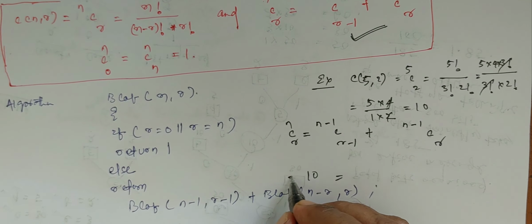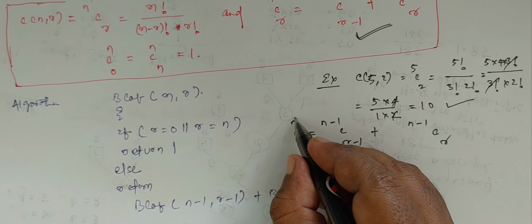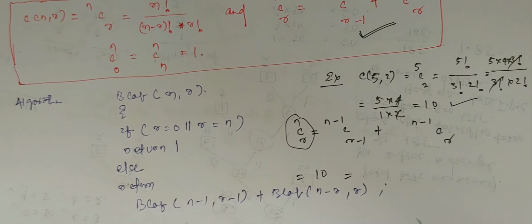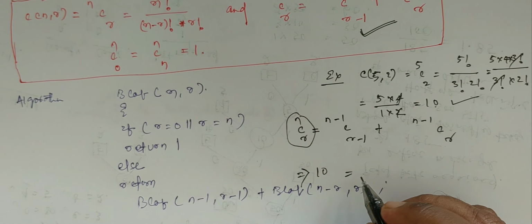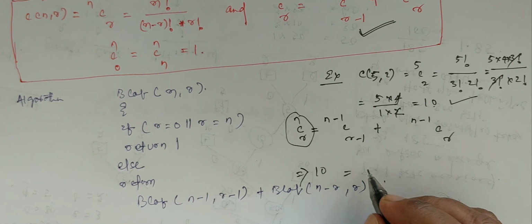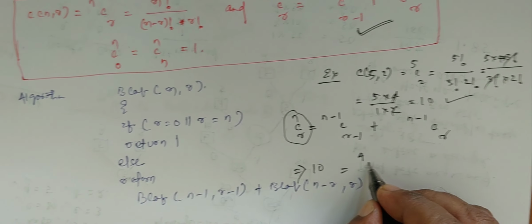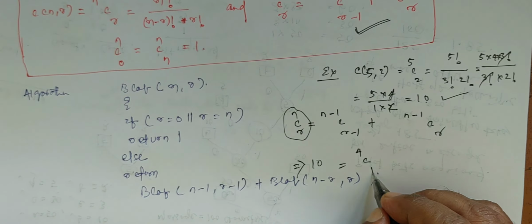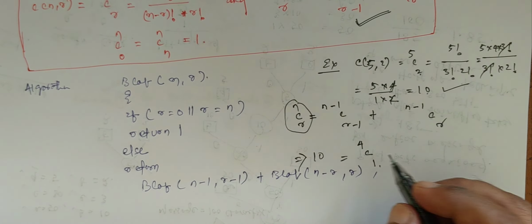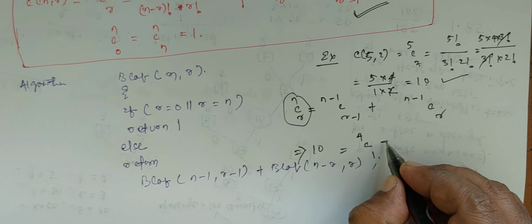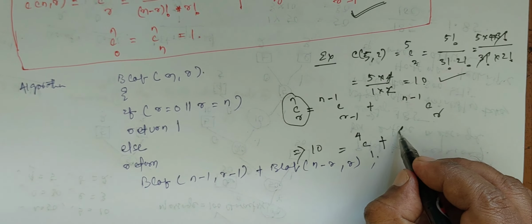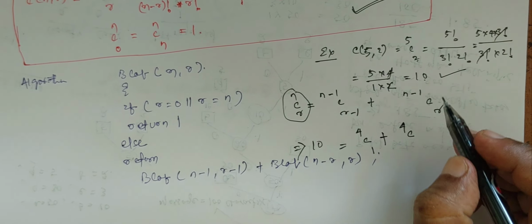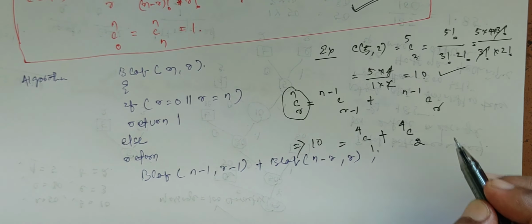It is already given here. So that implies 10 is equal to, n minus 1 that is 4, C(r minus 1), that is 2 minus 1 is 1, plus (n minus 1), 4C r is equal to 2.